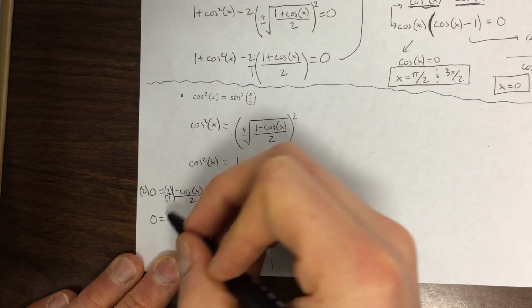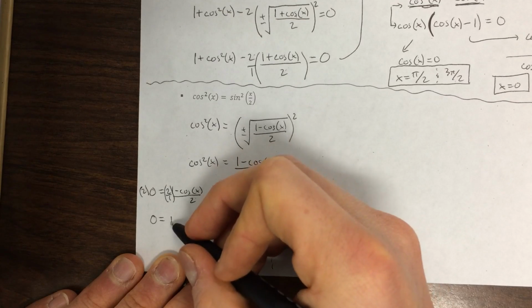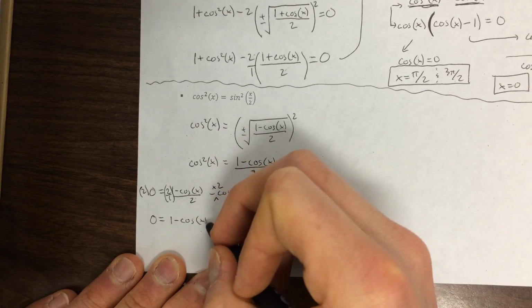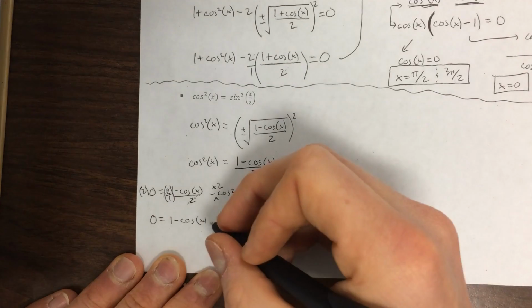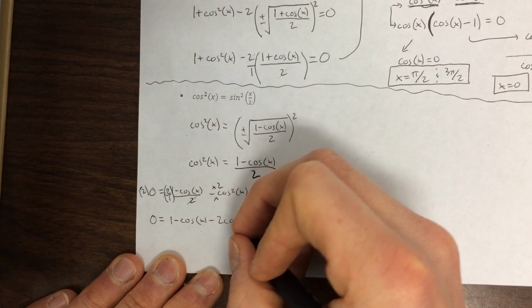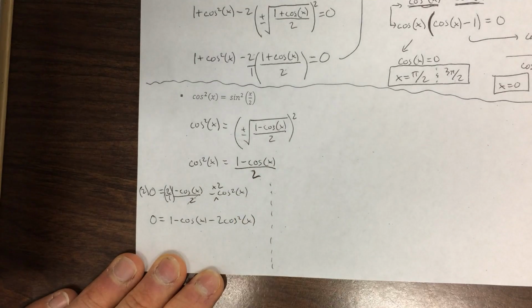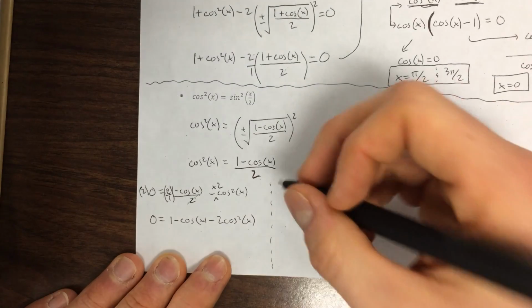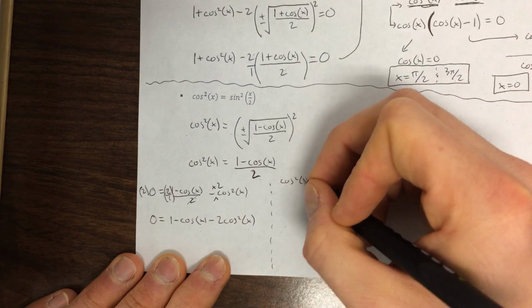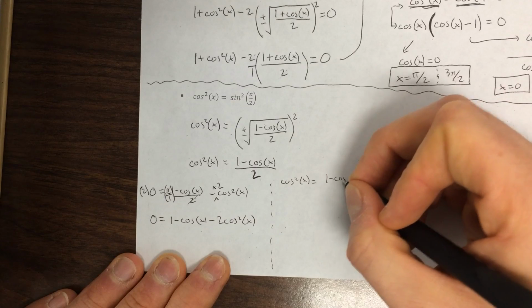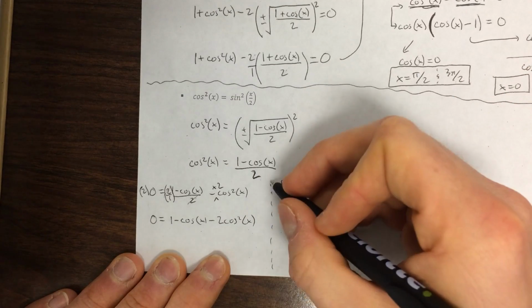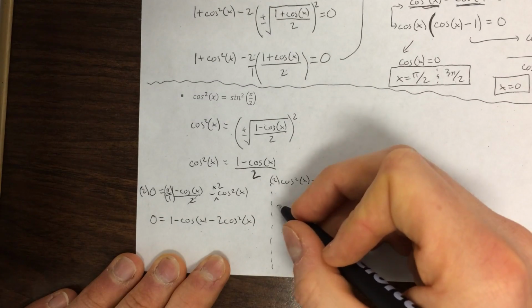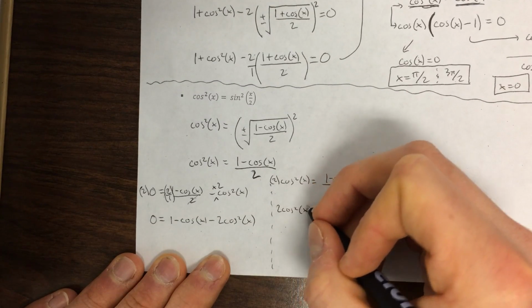2 times 0, that'd be 0. These 2's, you would be left with 1 minus cosine x because these 2's divide out. And then we're multiplying this by 2, so minus 2 cosine squared x. Similar thing here, if instead we go from the start and say, well, if I multiply this side by a 2 and this by 2, then I can get 2 cosine squared x.